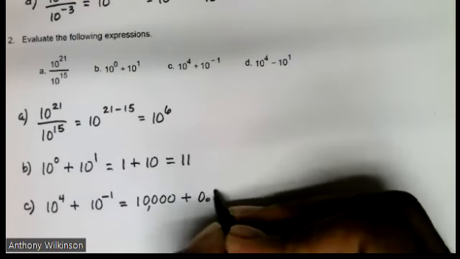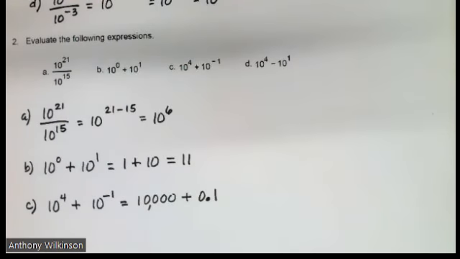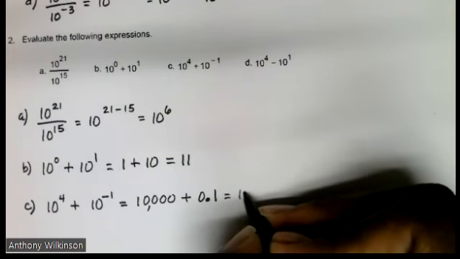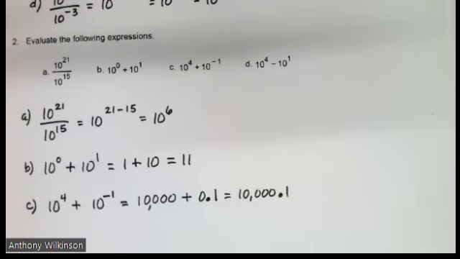So it'll be 0 point, and it'll be a 1, because I can only have one number after the decimal point. So 10,000 plus 0.1, my answer would be 10,000.1.